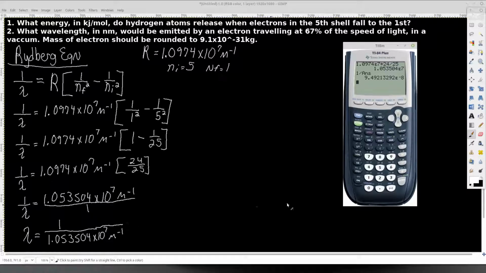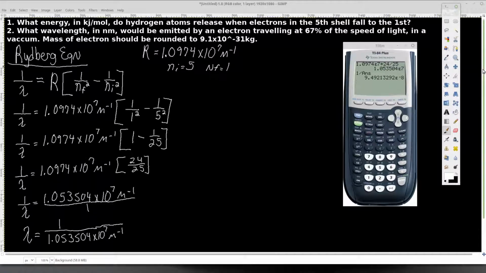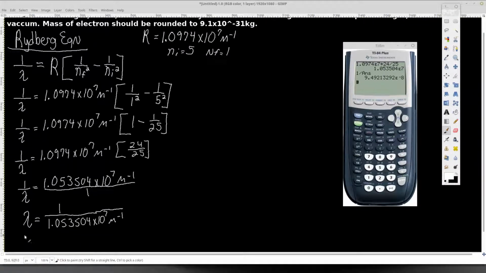Alright, so our wavelength, I don't know if I've got any room left on this or not. Let me move it down. Yeah, I got just enough room maybe. Alright, so our wavelength then is equal to 9.4921329 2. Hopefully I got all those right.